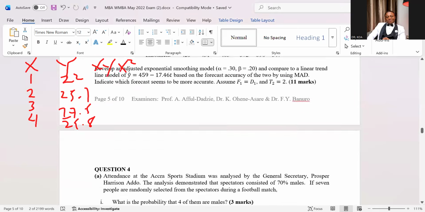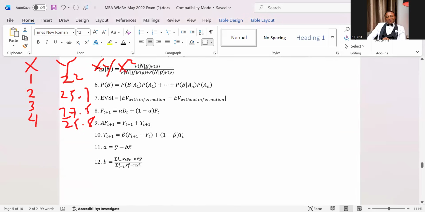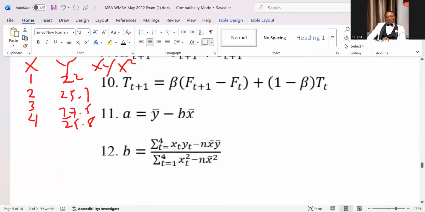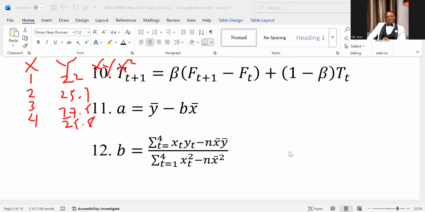Now, question is that how would you know all of this? Well, you have to look at the formula that has been given to you. And here you will notice that this formula 12 has the slope of the regression line.